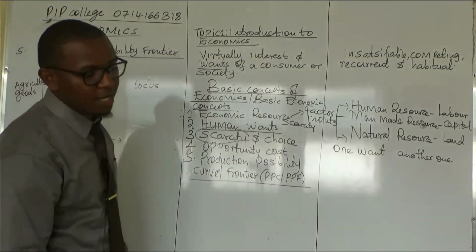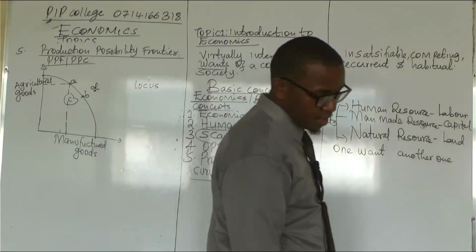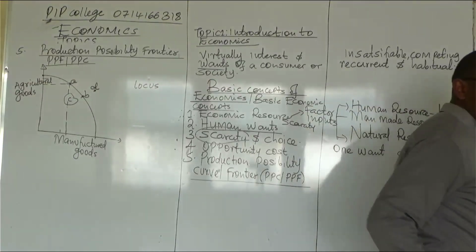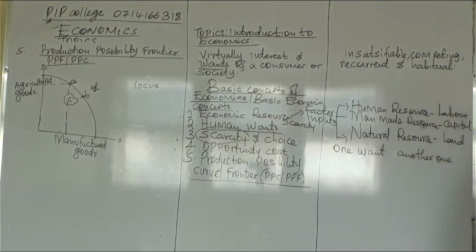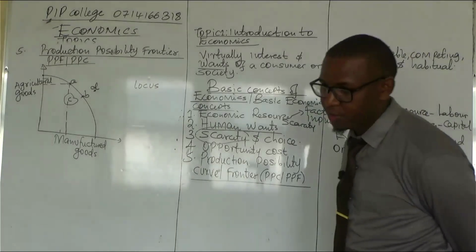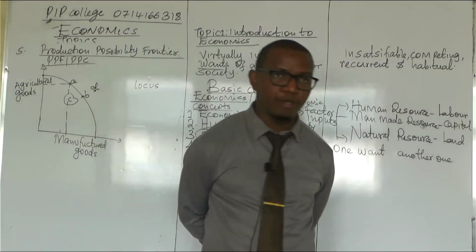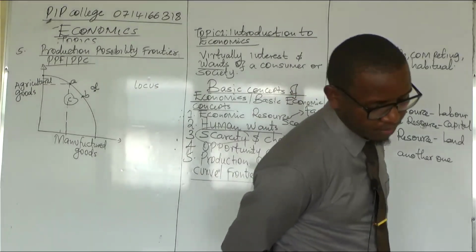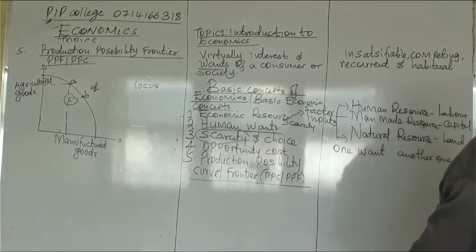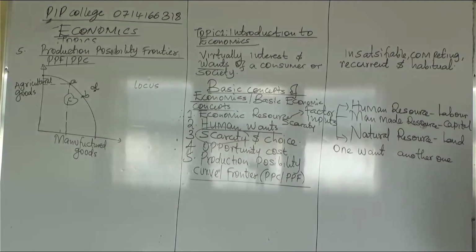So write and say, the points outside the curve are not achievable with the country's present production capacity.